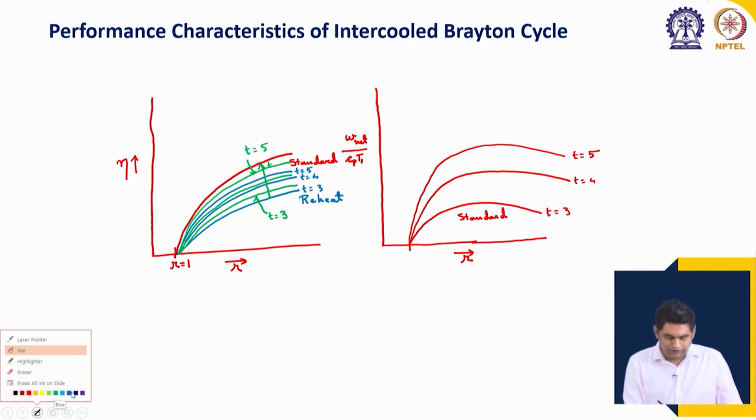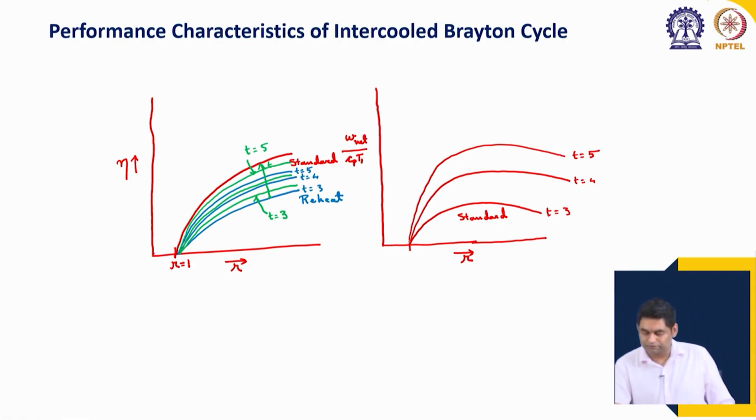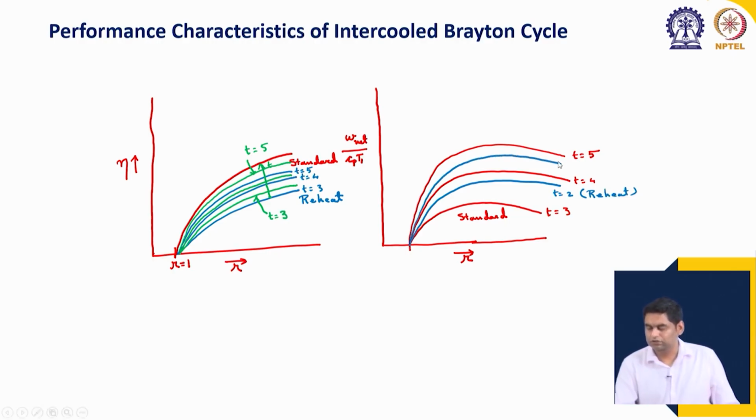For reheat we had seen that there will be a considerable increase in the work output. For example, qualitatively it can be something like this: sorry, let us say that this is T equal to 3, this will be T equal to 4.